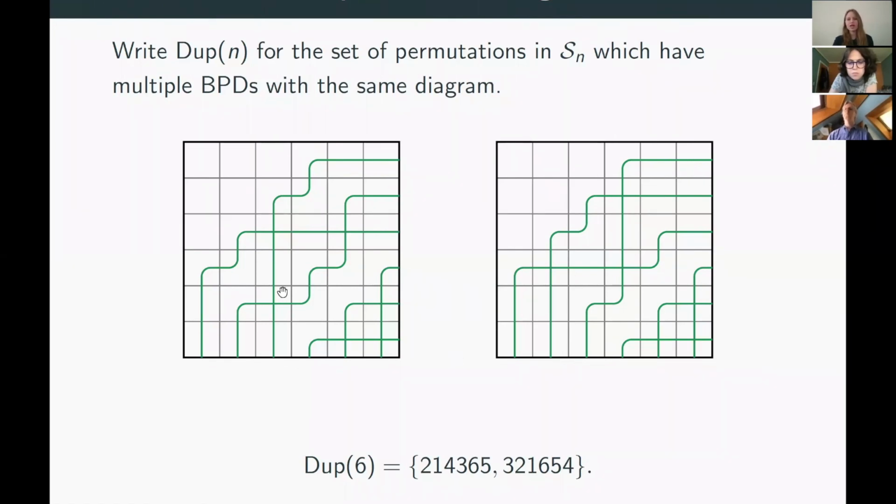So when you have different pipe dreams for the same permutation with the same blank tiles, conjecturally this means that coordinate subspace zeroed out by these variables is appearing with multiplicity, counted by the number of pipe dreams for that permutation with that underlying set of blank tiles.